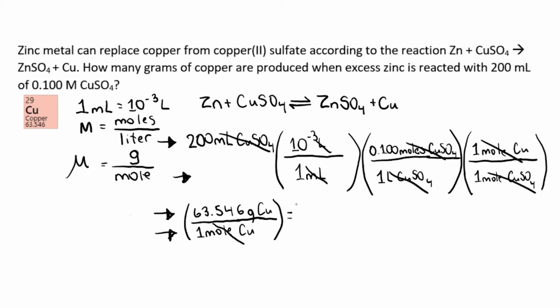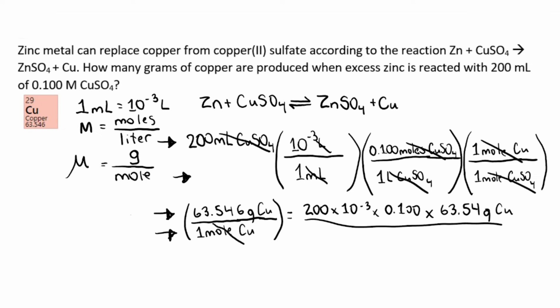So what you're going to get is 200 times 10 to the negative 3 times 0.100 times 63.54, and it's still in grams of copper. All that is going to be divided by 1. Everything was 1 in the denominator.